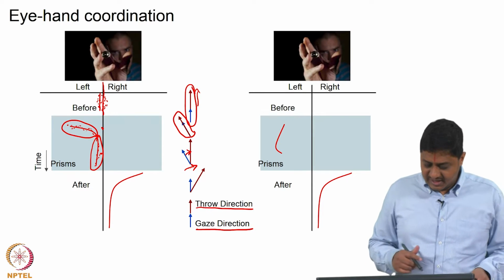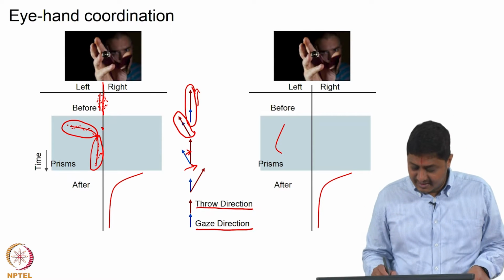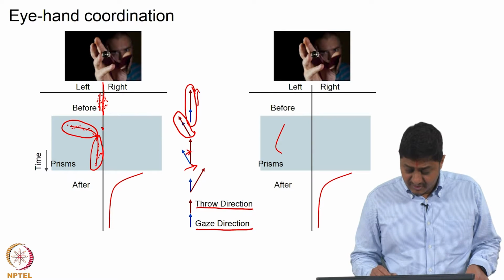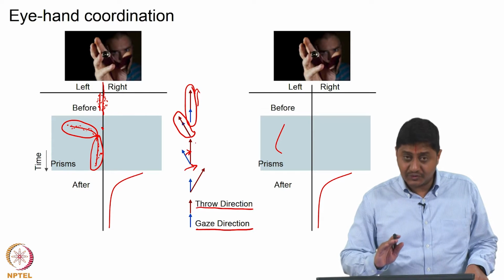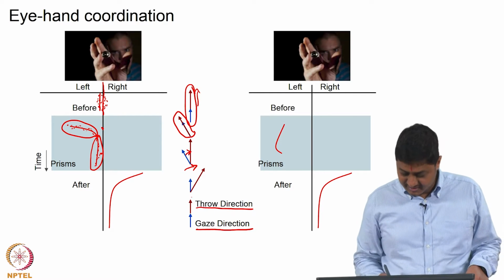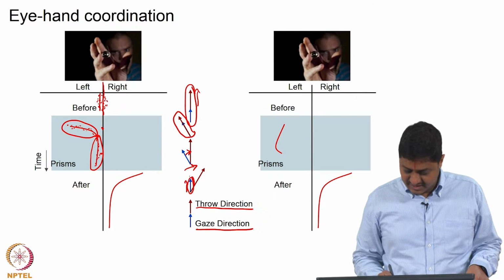So, once you remove the glass, initially this learning that was there, where the hand is throwing to the right of the gaze, continues, but now the gaze is straight, as it is here. Now, the gaze is straight like this.